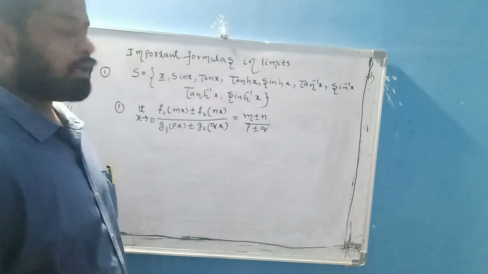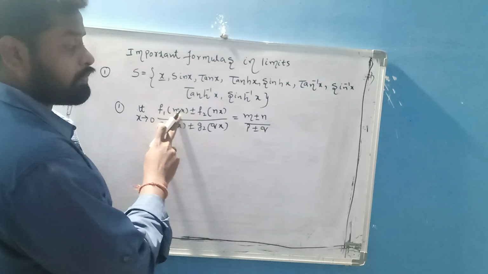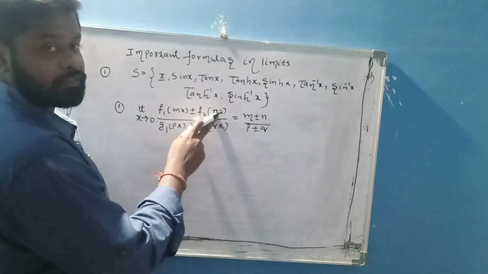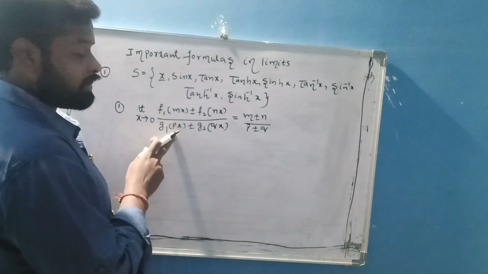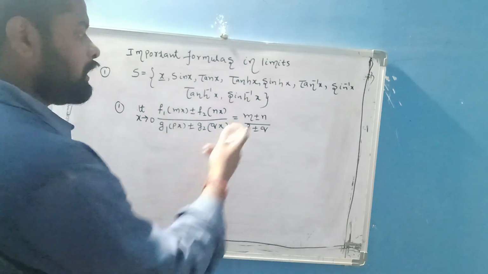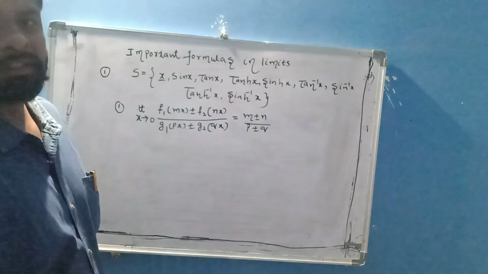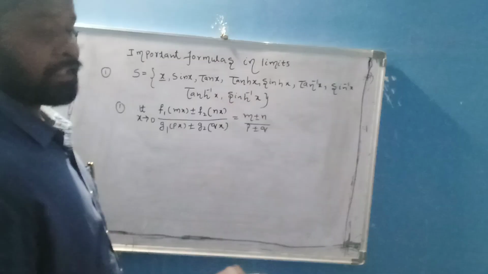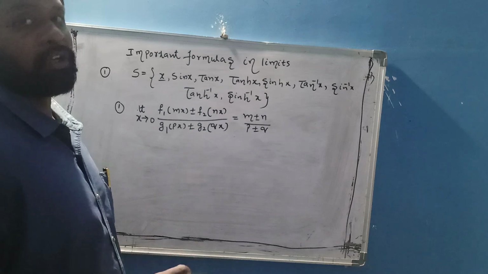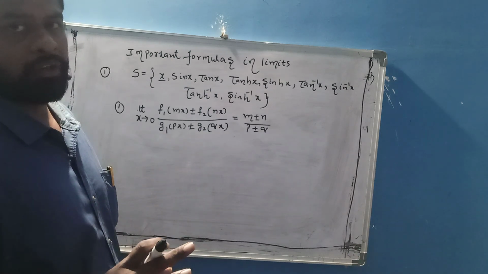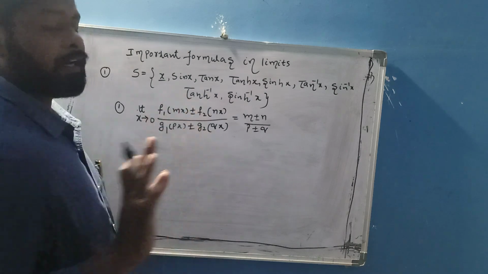What is the formula? M is the coefficient of the first function and n is the coefficient of the second function in the numerator. P is the coefficient of the first function and q is the coefficient of the second function in the denominator. Directly apply (m plus or minus n) by (p plus or minus q), don't simplify. This is a shortcut method mainly for competitive exams. In board exams you must solve it fully; in competitive exams, apply these formulas.